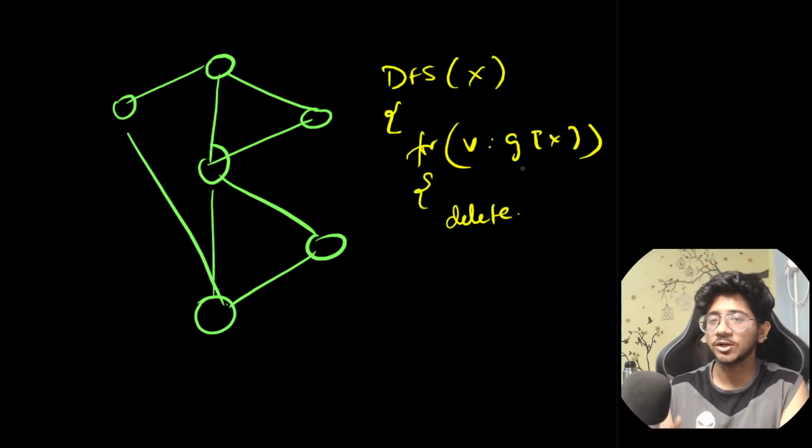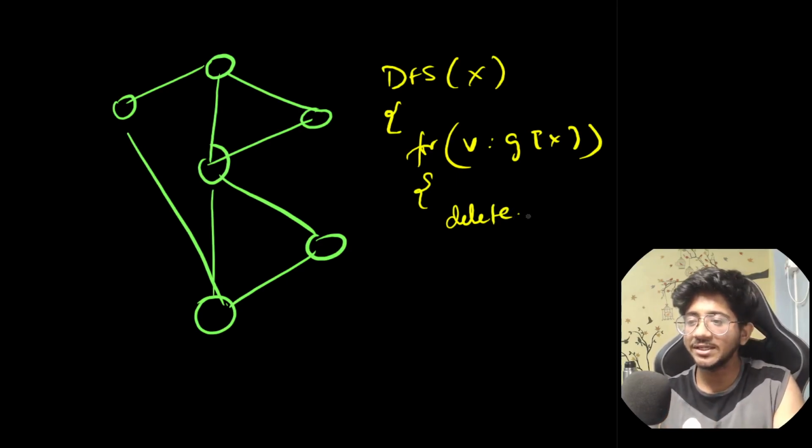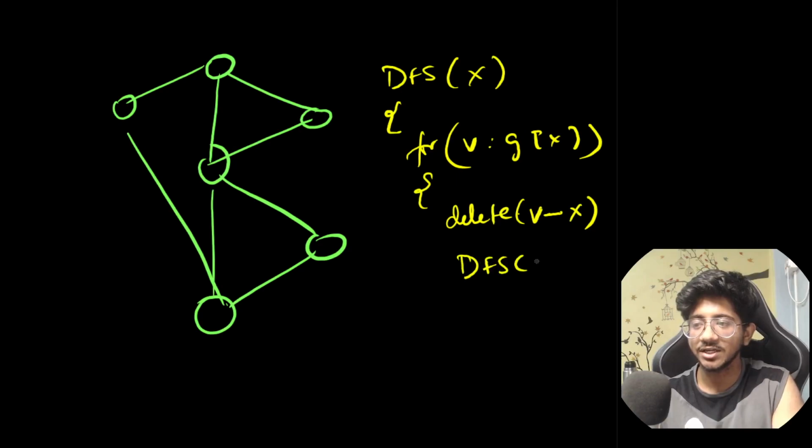In this Hierholzer's algorithm, we modify the graph. So we delete the edge between the vertex v and x. If you are going from x to v, you delete the edge, and then you will do DFS at v.